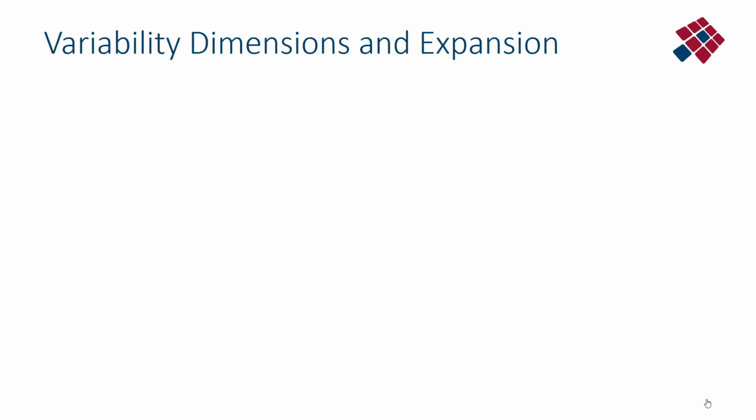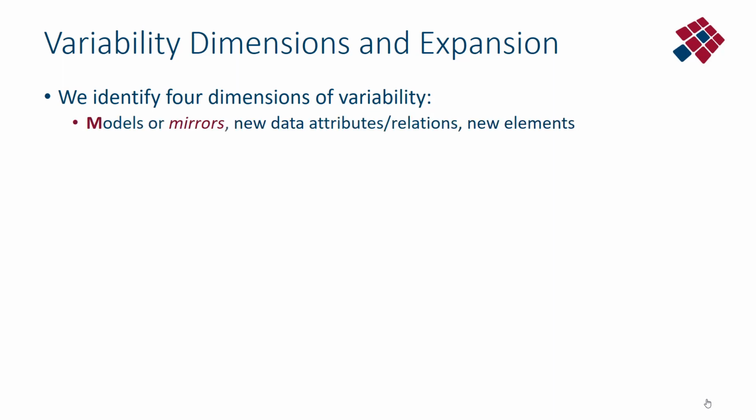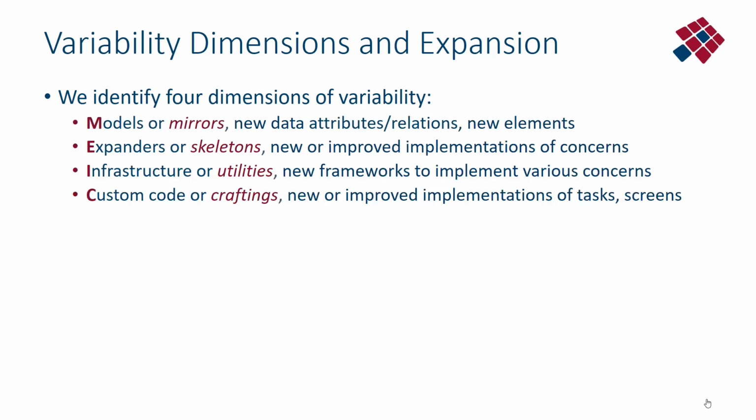Now, crucial there is that we have a number of dimensions of variability, a number of dimensions along which the software evolves, and that we have to separate them very cleanly. We have the models, we have the skeletons, the recurring structure, the utilities or infrastructure you use for the cross-cutting concerns, and the custom code of craftings.